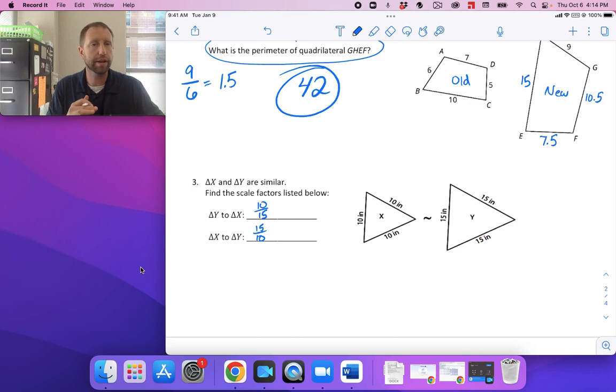If it switches directions and says that X is the original and Y is the new. Okay? When you do those divisions, 10 divided by 15 simplifies down to 2/3 or 0.6 repeating. And then 15 divided by 10 is equal to 1.5. Okay. All right.